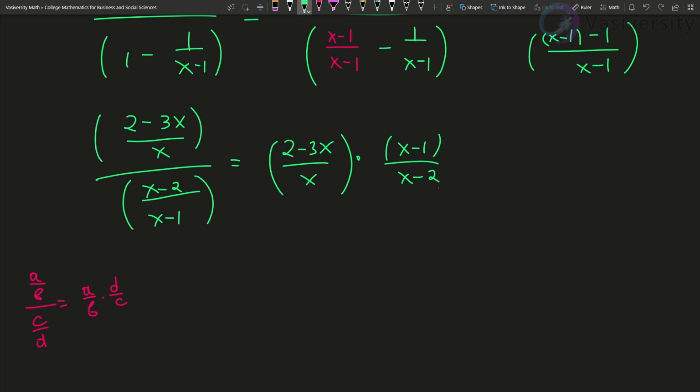And let's go ahead and multiply. So we will have 2 minus 3x times x minus 1, divided by x times x minus 2.